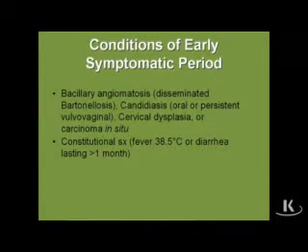Bacillary angiomatosis, okay? Recurrent yeast infections with Candida are all very, very common early on in HIV. Your constitutional symptoms of fever and diarrhea that's persistent, also very indicative of some of the early stages of the symptomatic period for HIV.